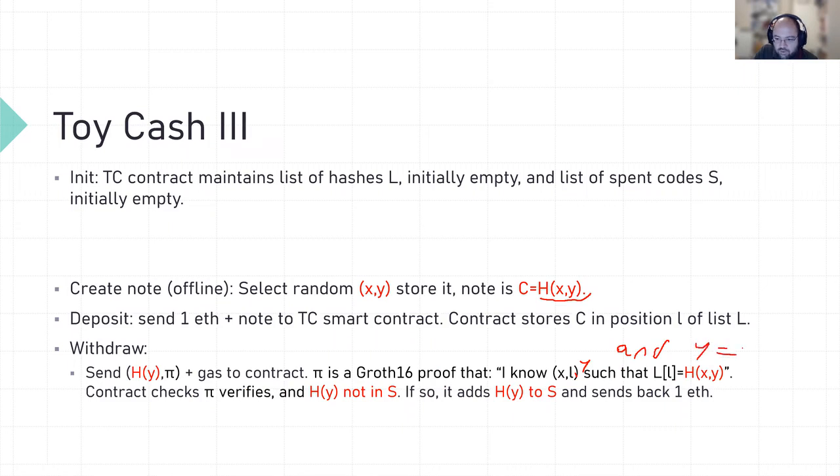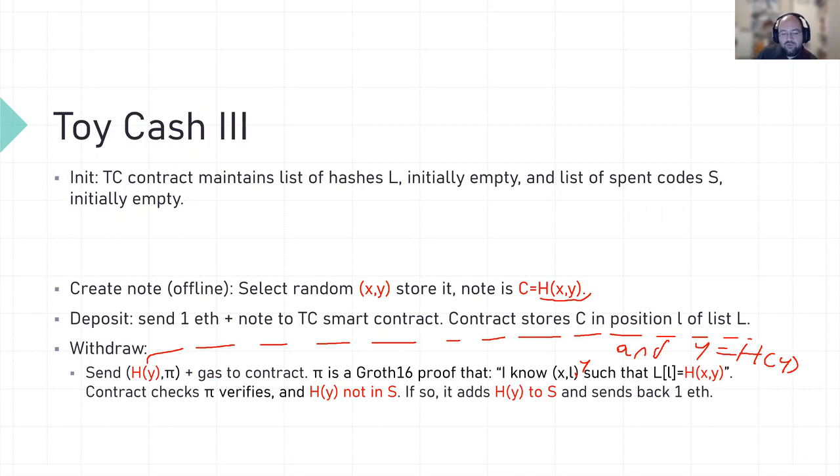And y equals h of y. So now we send hash of y in the open, and we modify the proof accordingly.